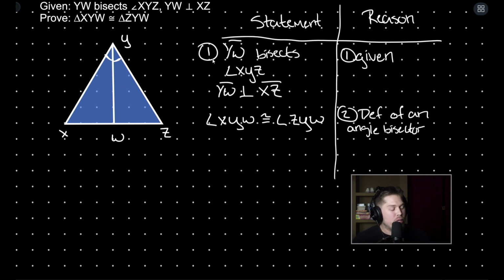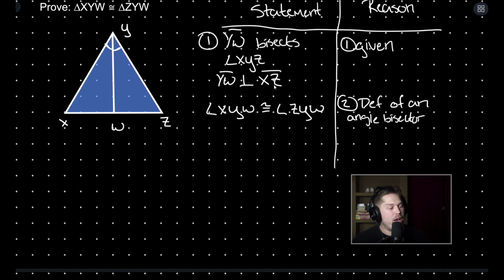Okay? What else are we told? We're told that we have a pair of perpendicular lines. Okay? So this is another part of the given. So what's a repercussion of having perpendicular lines? Well, if YW and XZ are perpendicular, then that means that angle XWY and angle ZWY are right angles.